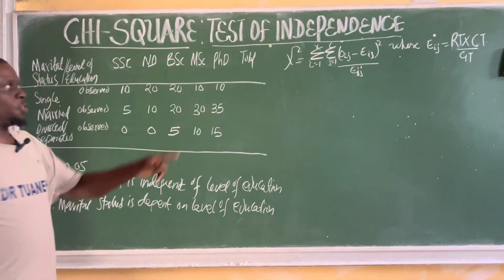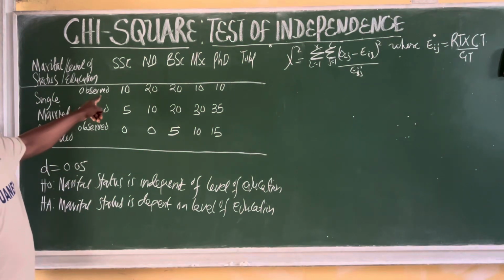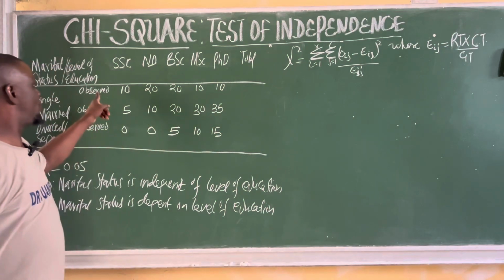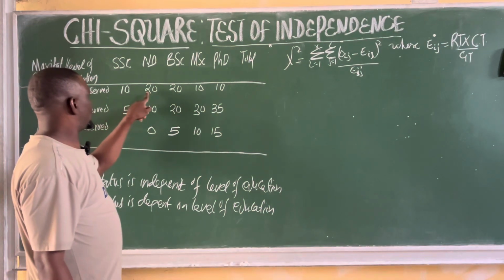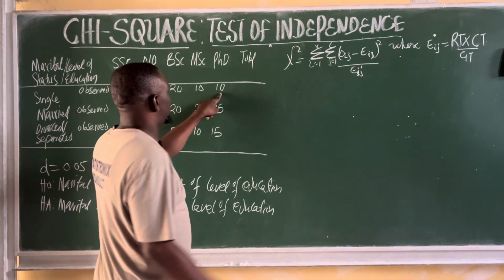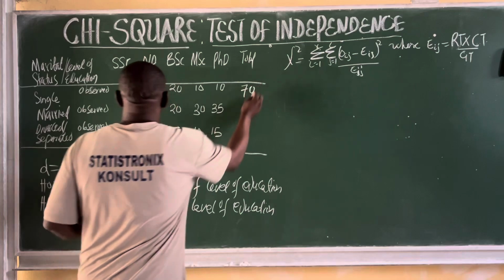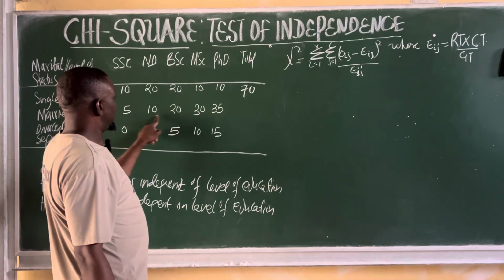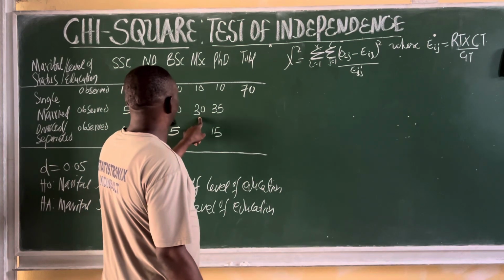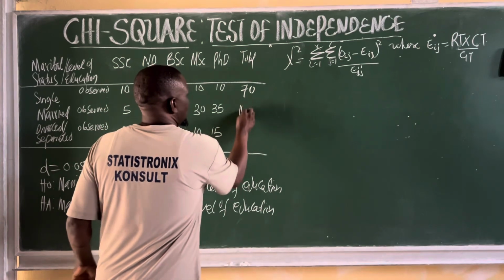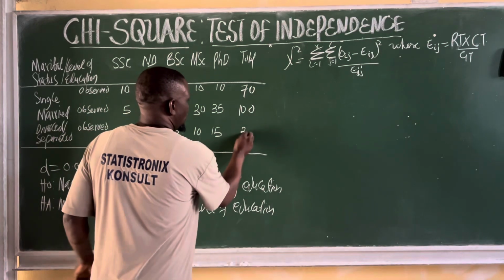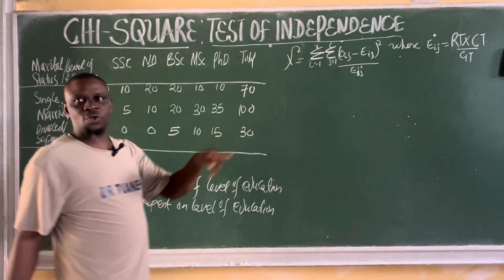The next thing is for us to get the row totals, which means we have to sum across the row. If we sum this, 10 plus 20 will be 30, plus this 50, 60, 70. So this is 70. This is 15, 35, 65, 100. And so this is 5, 15, 30. That's the sum across the row.